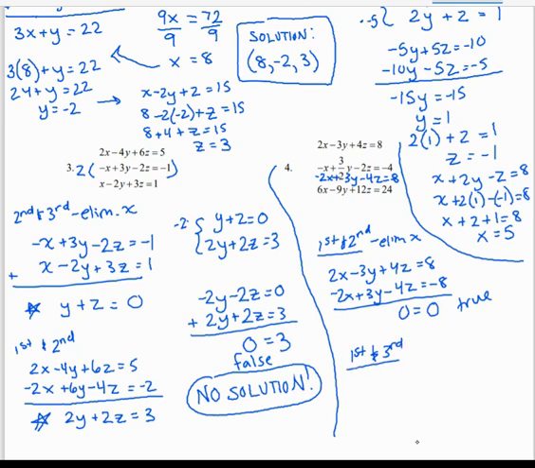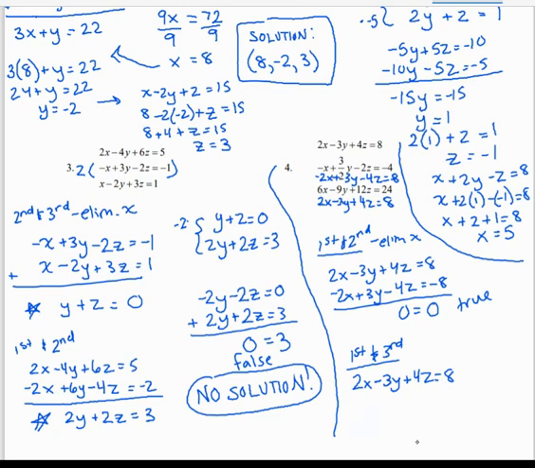By doing so, I'm going to divide all of these by 3 because I see they have a GCF of 3. So that first equation is 2x minus 3y plus 4z equals 8. That second equation, like I said, if I divide by 3, this would give me 2x minus 3y plus 4z equals 8.